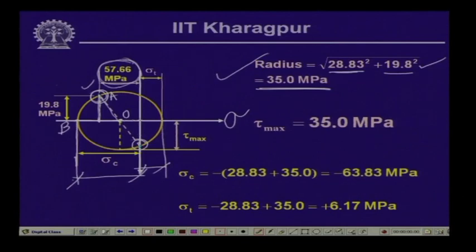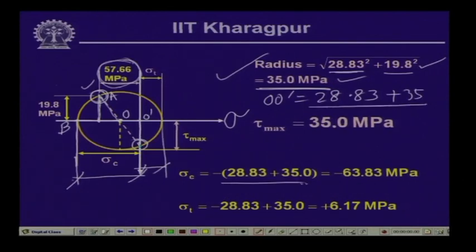Now, let us call this point O dash. So, OO dash is equal to 28.83, which is half of 57.66, and OB is equal to the radius, which is 35.